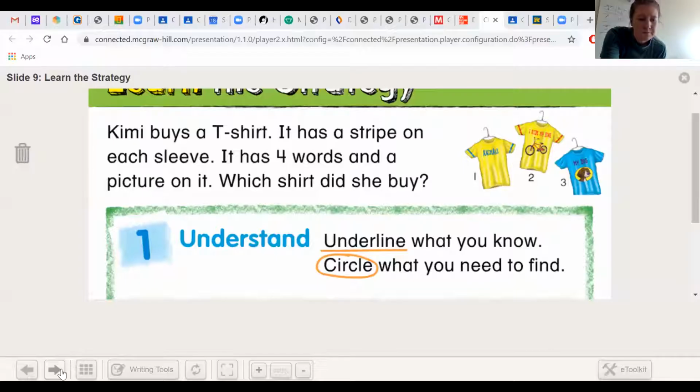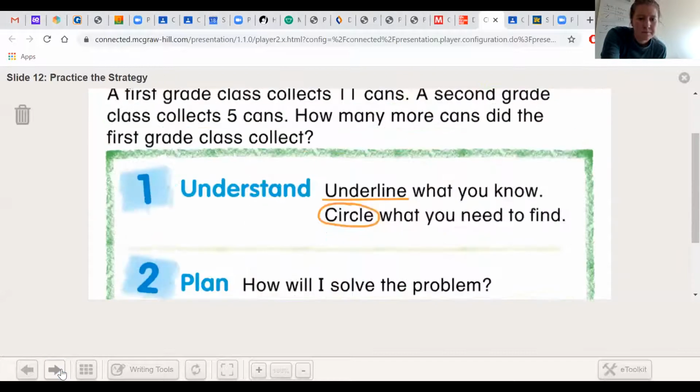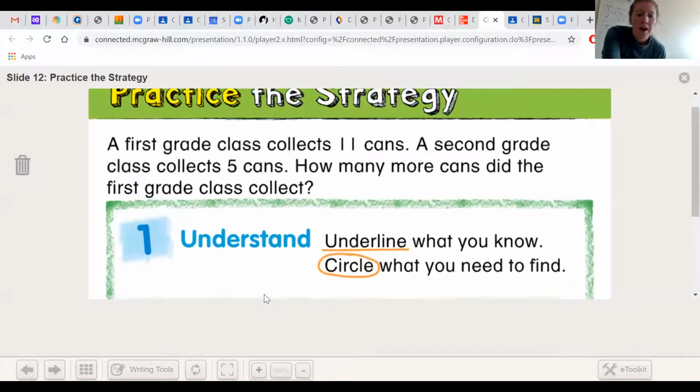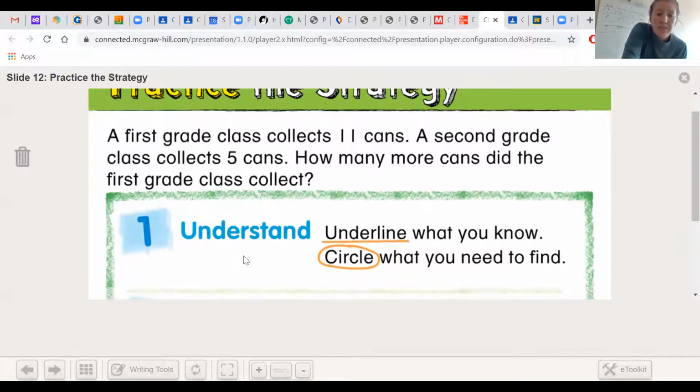I'm going to share my screen. All right, a first grade class collects 11 cans. A second grade class collects 5 cans. How many more cans did the first grade class collect? So we need to make a table on your sheet.